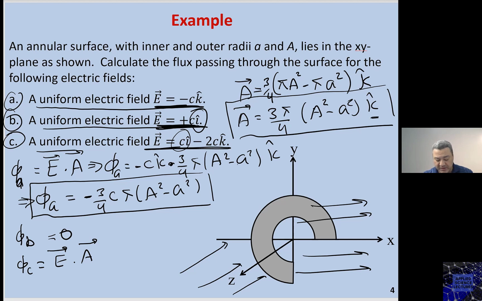So only the second part of the electric field is going to contribute to my electric flux, and the result would be minus, the 2 is going to cancel with the 4, so minus 3 over 2 c pi (A squared minus a squared).